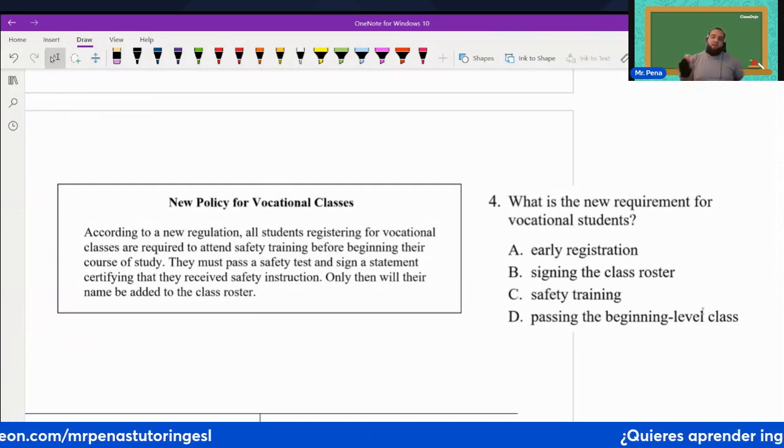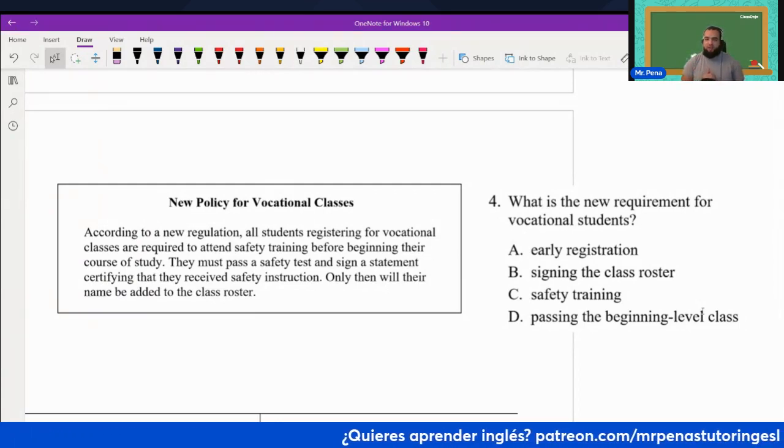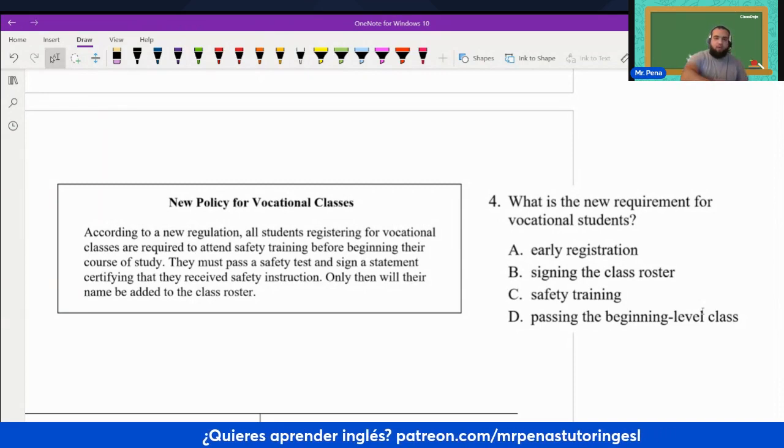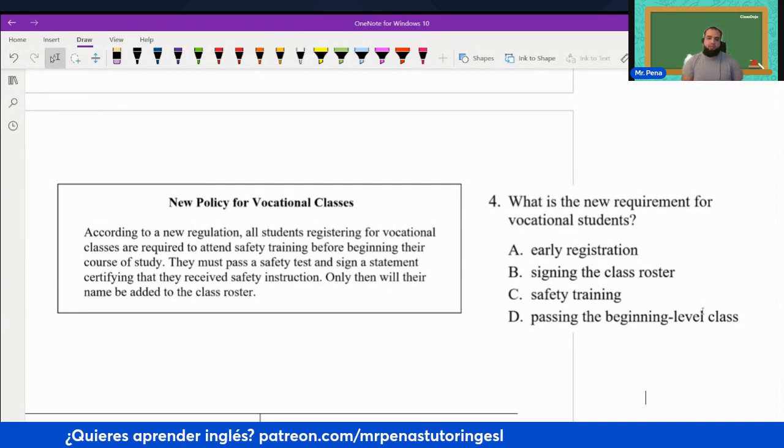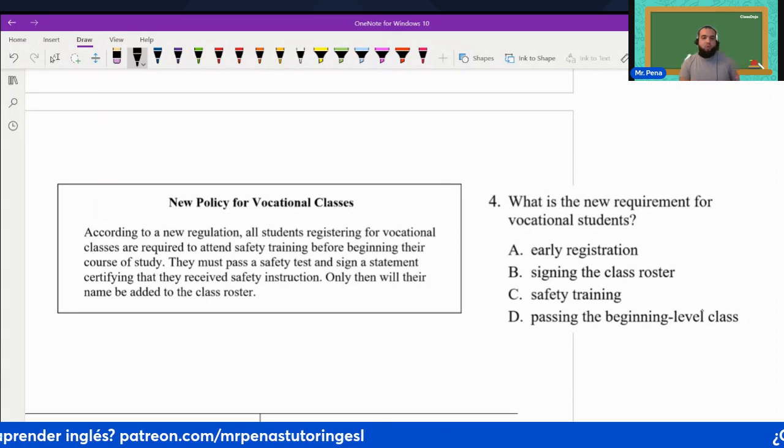They must pass a safety test and sign a statement certifying that they received safety instruction. Only then will their name be added to the class roster.